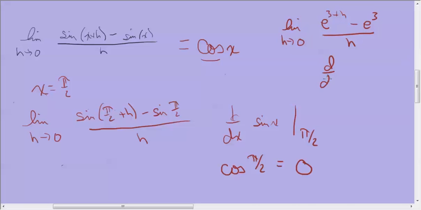That's simply the derivative with respect to x of e to the x when x equals 3. Well, what's the derivative of e to the x? E to the x. When x equals 3, that answer is e cubed. All right, so these special limits are ones that we're supposed to recognize. We're supposed to see that and recognize that that's the definition of the derivative. Okay, hopefully this will work.